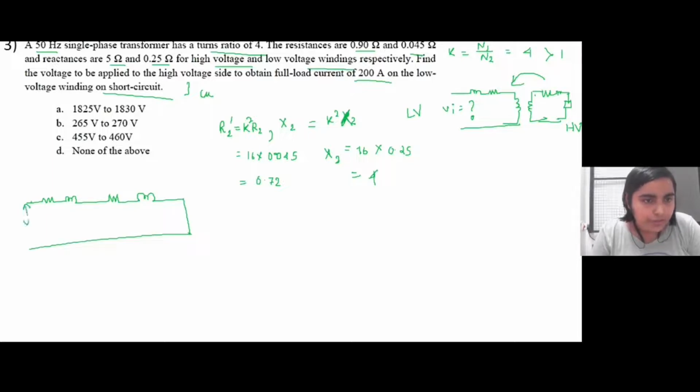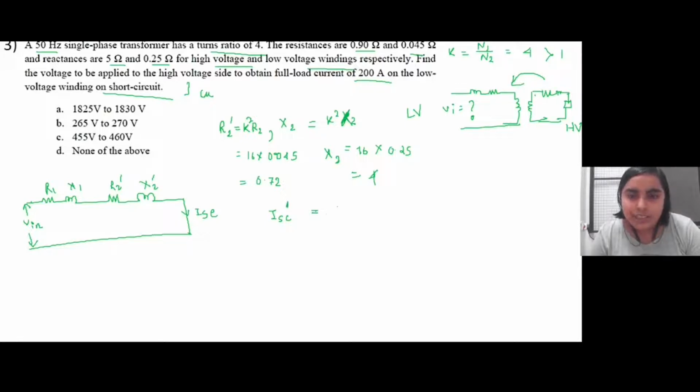We now have to find this V input. So this is R1, X1, R2 dash, X2 dash. Now the rated short circuit current flowing here, ISC. This short circuit is done on the high voltage side here, so we need to convert it and find the current on the low voltage side.